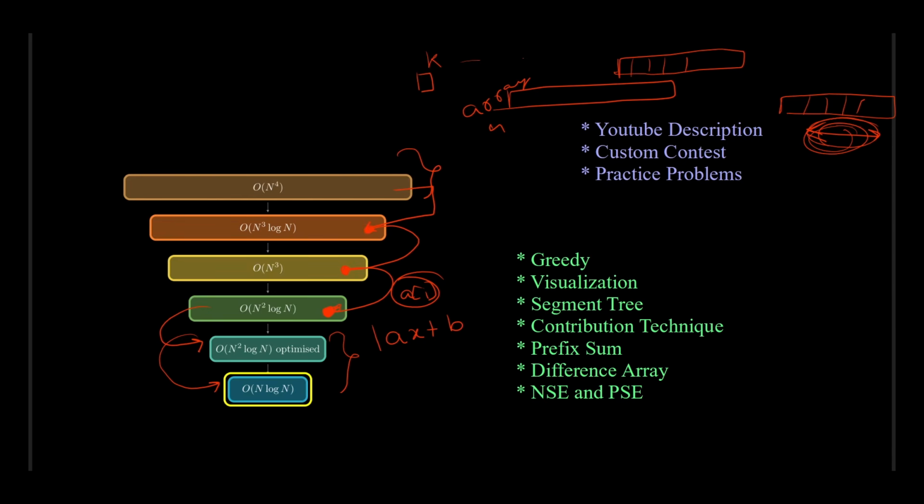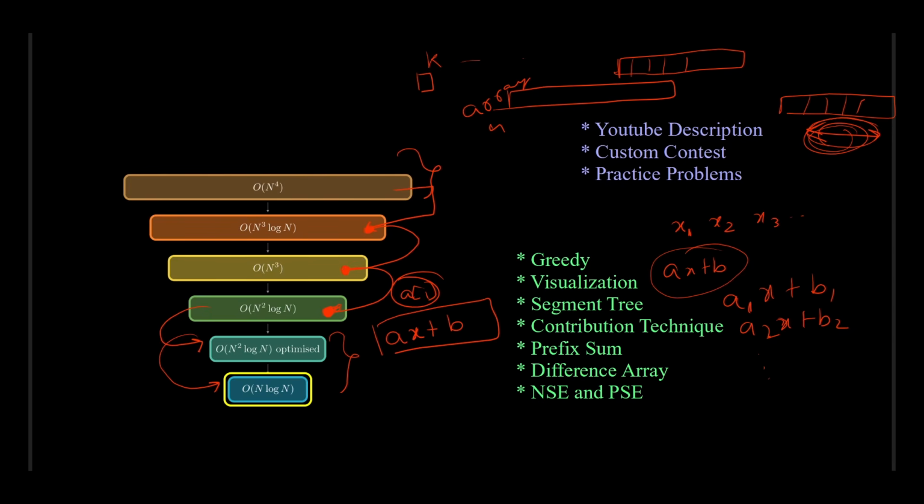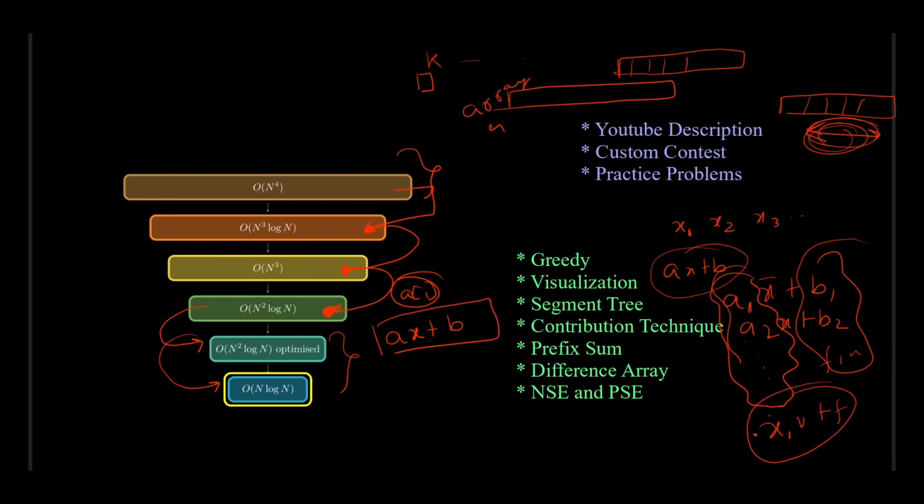So if you have x1, x2, x3, etc., and if you want to do ax plus b updates, and as long as all the updates are of this form only, like a1 of x plus b1, a2 of x plus b2, etc., then we saw that you can simply maintain a fixed variable and then take the contribution in that, and then you can maintain a variable for this coefficient part, and then you can sum them up, and at the end multiply x1 into variable plus fixed, right? So these are all the techniques that we have discussed in the video.